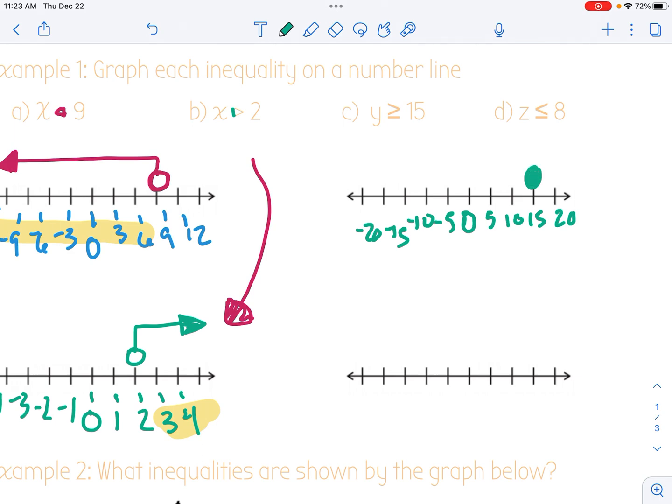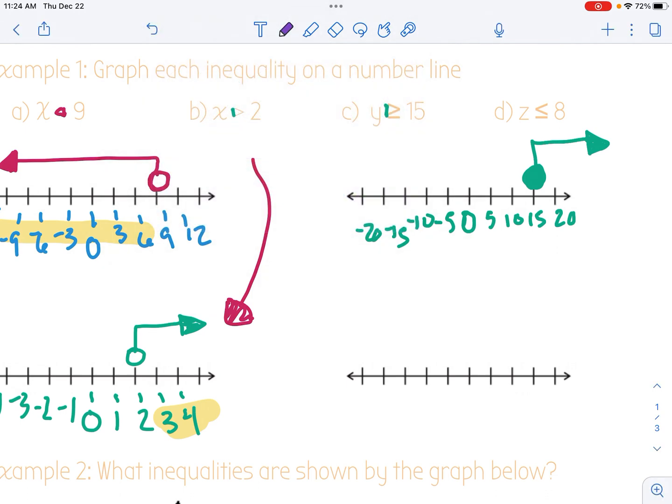I have a closed circle this time because it's "or equal to," so 15 is part of the solution. This is like saying I want to make at least $15, so I can make $15 or more. I'm going to close off my arrow, and it shows me that I am pointed to the right. Since y is greater than, all of my solutions are to the right.